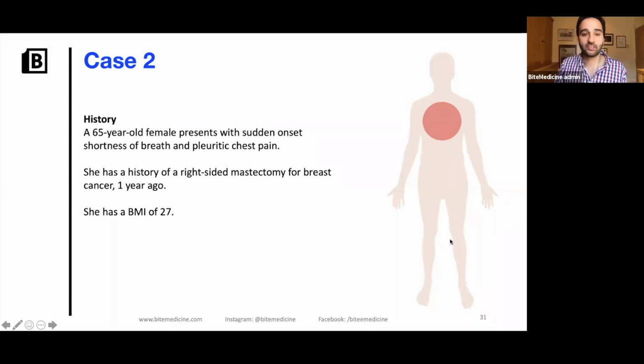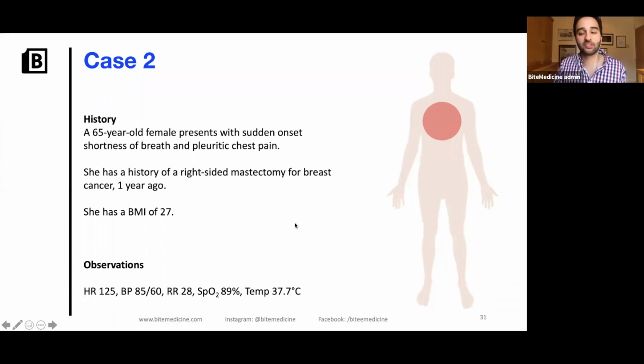There's a BMI of 27. It's a really short history, but absorb all of it because it's really important for the questions that are coming up. So 65 years old, sudden onset chest pain and shortness of breath, right-sided mastectomy a year ago for breast cancer, BMI of 27.